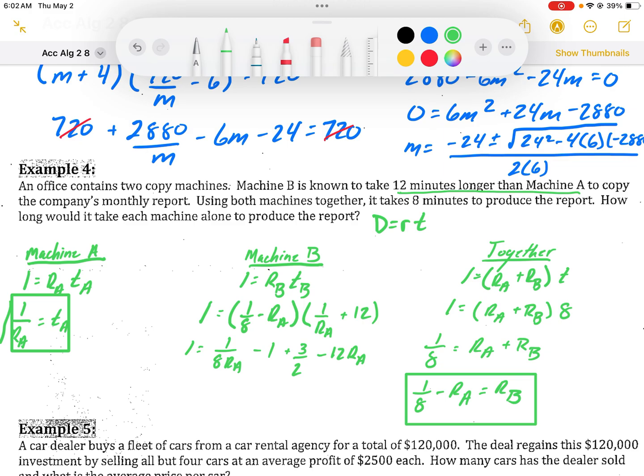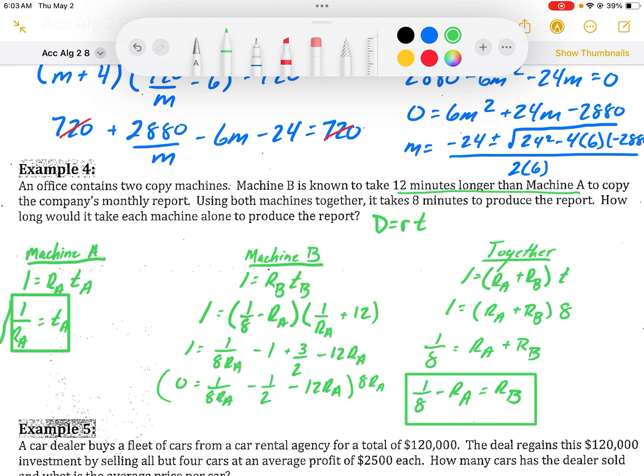So if I go ahead and clean this up and set it equal to 0, I'll get 0 equals 1 over 8 RA minus 1/2 minus 12 RA. But now because I have RA in the denominator, just like the last problem, I need to multiply everything by 8 RA.